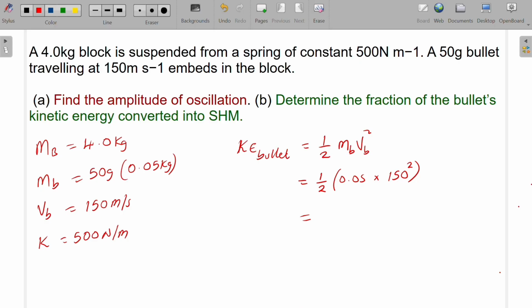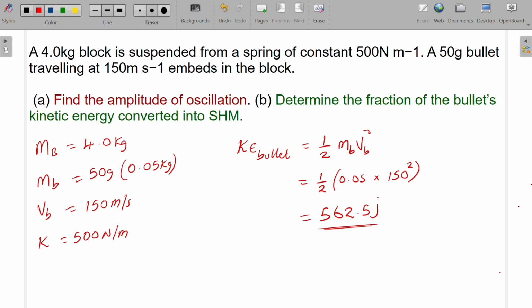This is giving me 562.5 joules. So this is the kinetic energy of the bullet before collision.